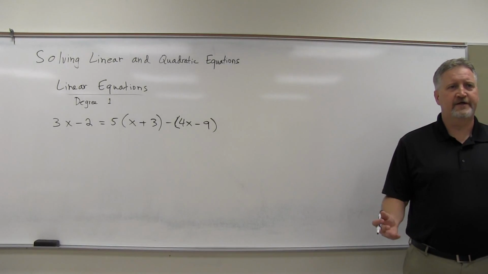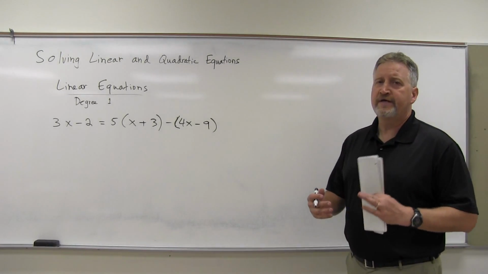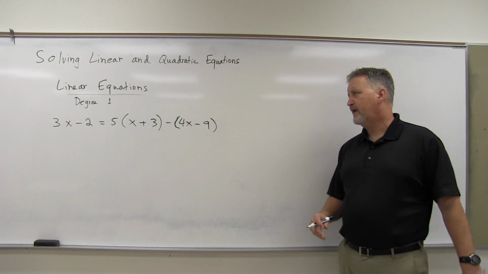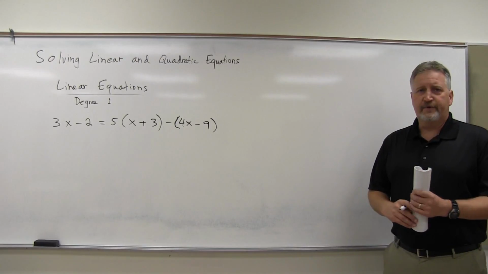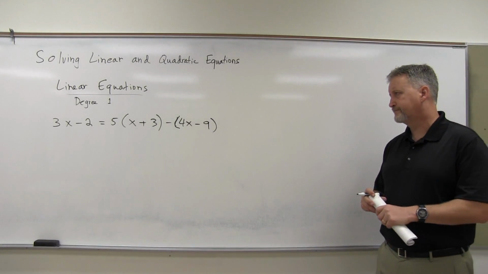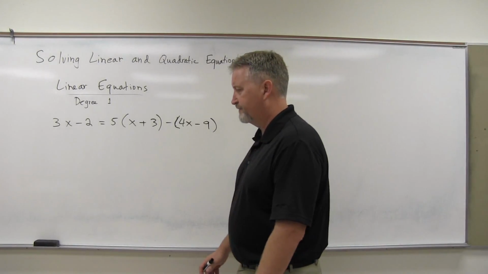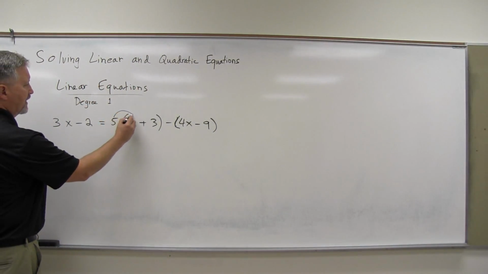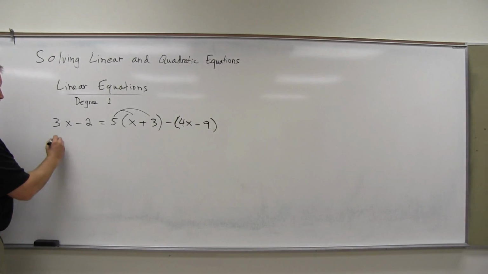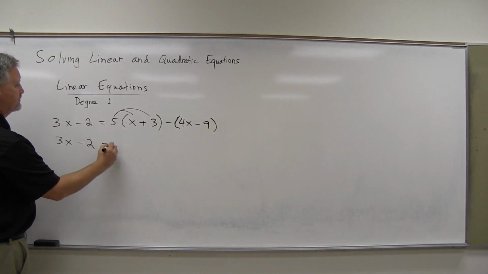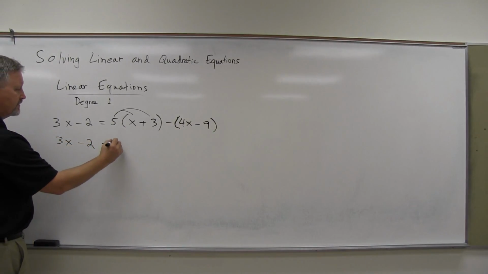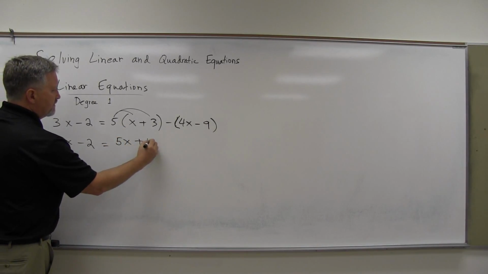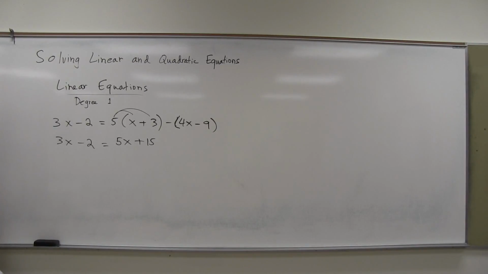Okay, so here we have a linear equation, x to the first power. And so, of course, the goal in solving a linear equation is to get x on a side by itself. And we do that with various methods. And here's the way I look at it. The first step, of course, would be, let's go ahead and distribute, right? Distribute our 5 here. 3x minus 2 equals then, on this side, distribute the 5, which just means multiply the 5 inside the parentheses. 5x plus 15.